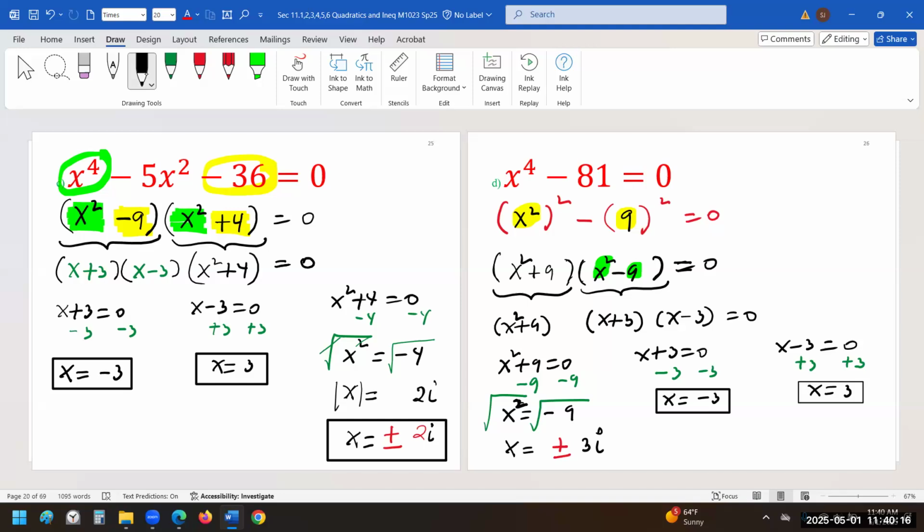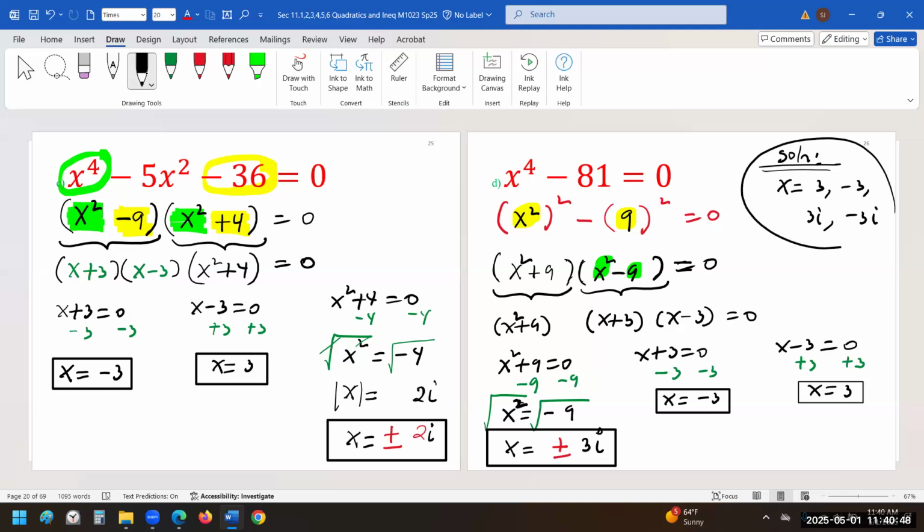Anytime you have negative under the square root, it's i. And we already know why, because negative 9 is negative 1 times 9, and negative 1 under the square root is i. 9 under the square root is 3. So we have 4 solutions. We have x equals positive 3, negative 3, positive 3i, negative 3i. 4 solutions.